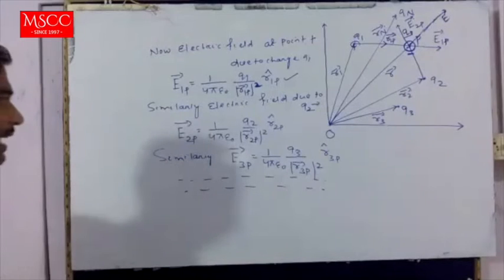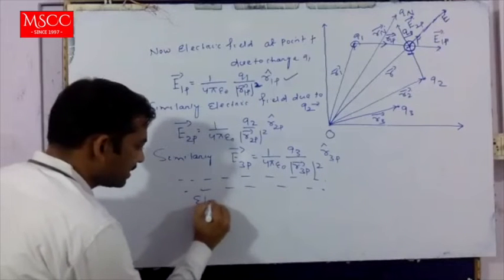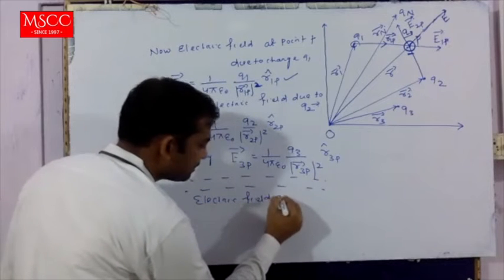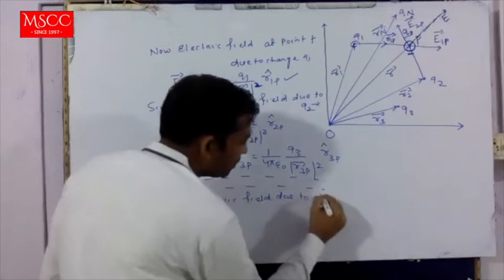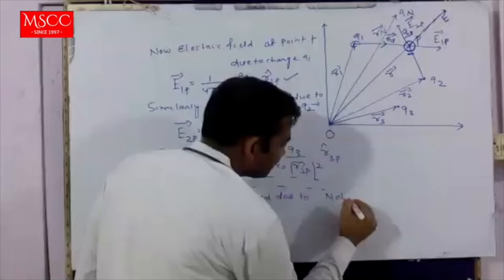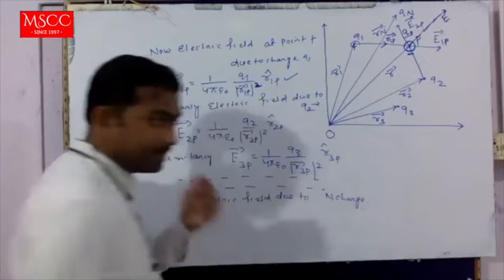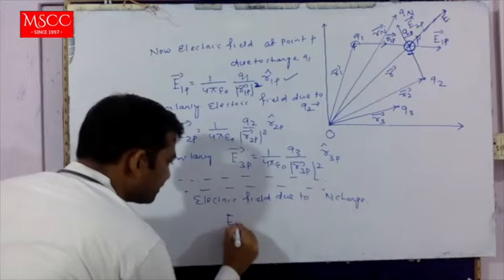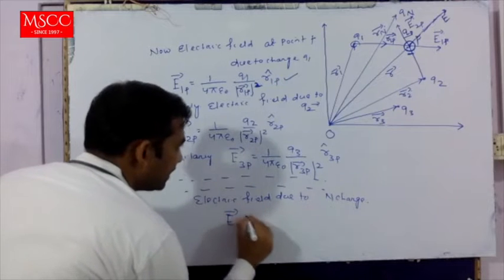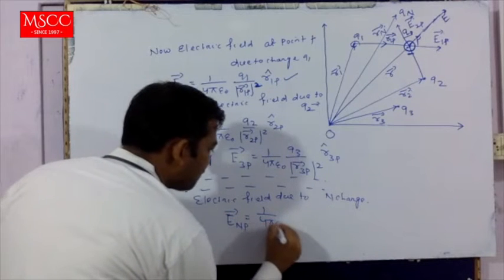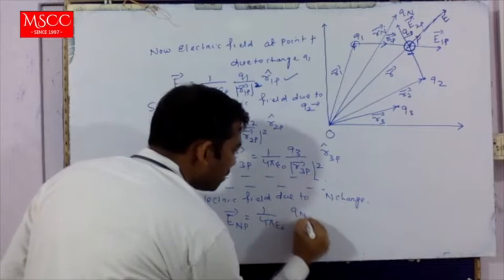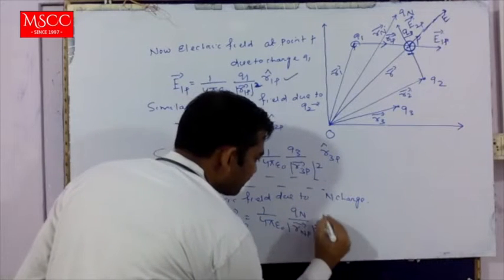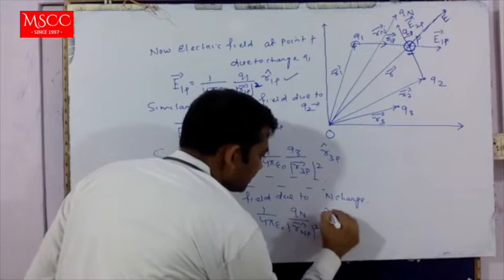Similarly for electric field due to n charges, EnP equals 1 by 4 pi epsilon 0 Qn by RnP square RnP cap.